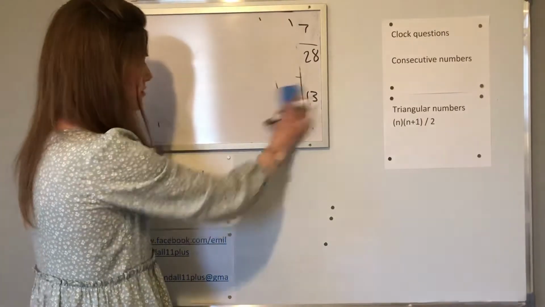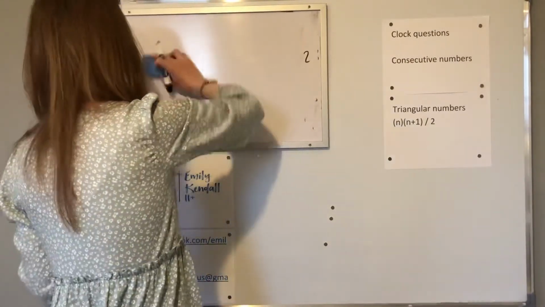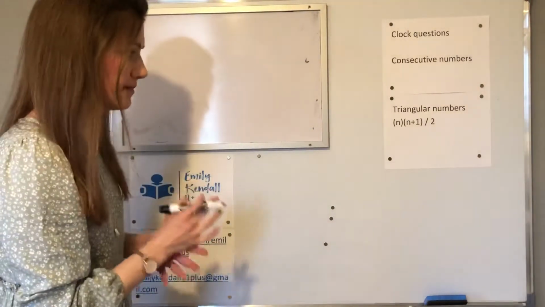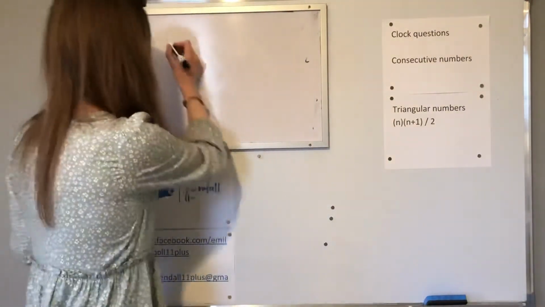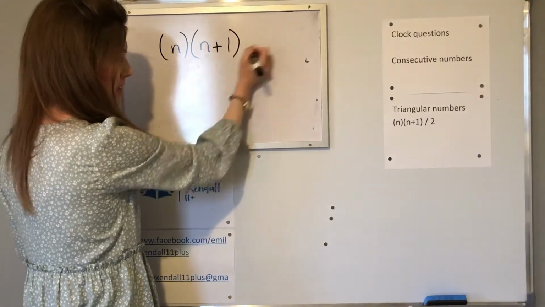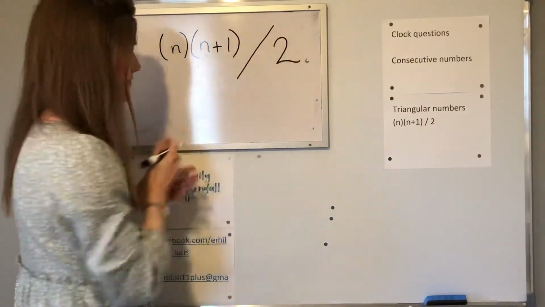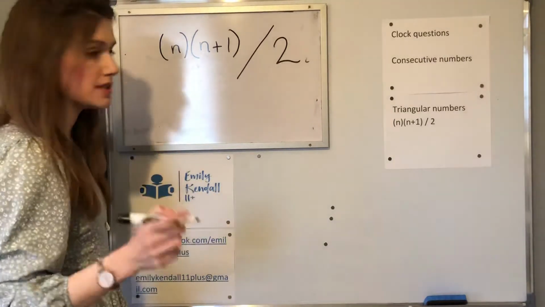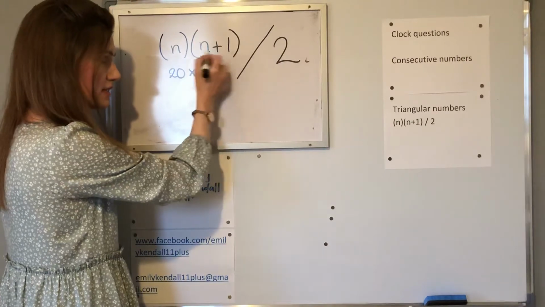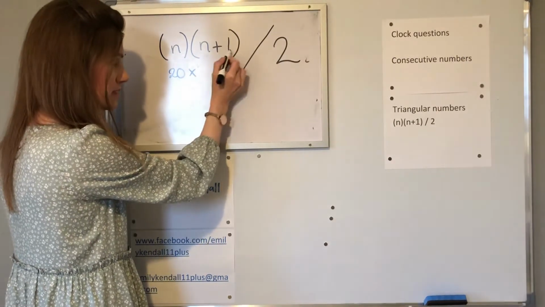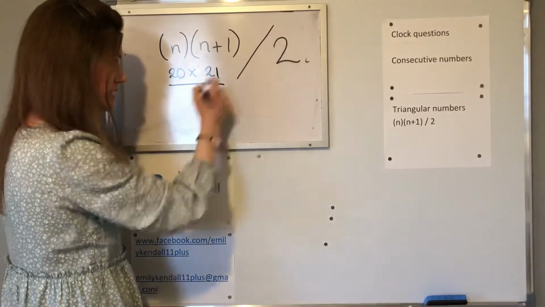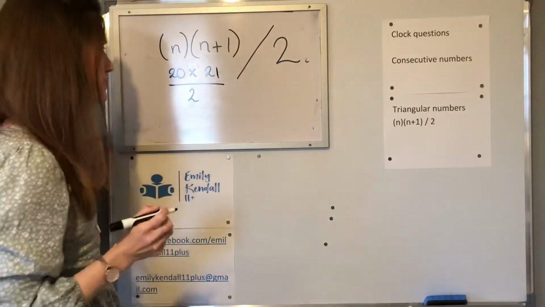Right, so if you wanted to find, let's say, the 20th triangular number, you would use this formula. Number times number plus 1, divided by 2. Okay, so if I'm doing the 20th, I do 20 times, and think what that makes, 20 plus 1, 21. And then whatever my answer is, I divide it by 2.